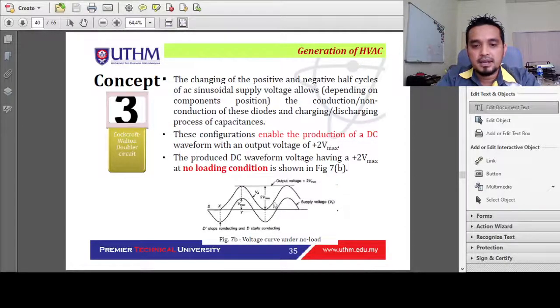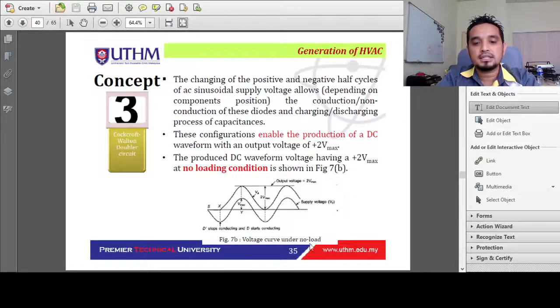It is magnified by 2 times, and hence we have the Cockcroft-Walton doubler circuit, which gives HVDC at 2 times the supply voltage. This is Vmax, and this is double, so we will have 2 Vmax of the DC circuit.